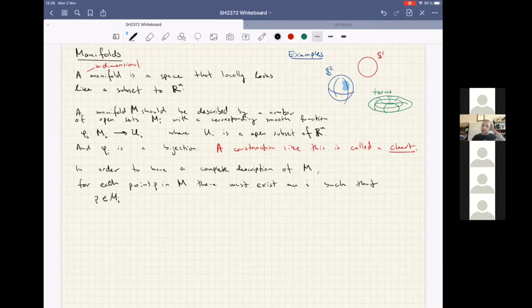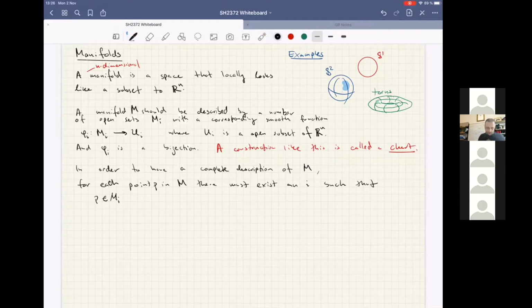That's just saying that the union of all these sets Mi should form the entire manifold. So in the case of the sphere, for example, it's not enough just to have a single chart. You need many charts in order to describe the sphere.